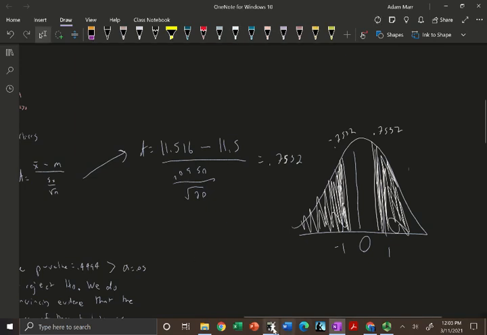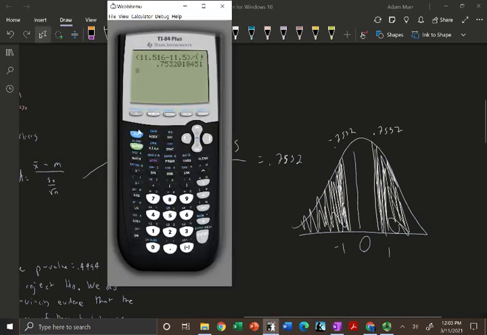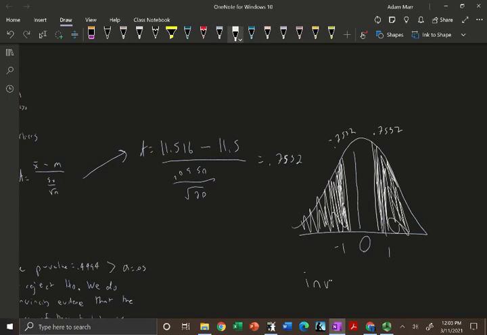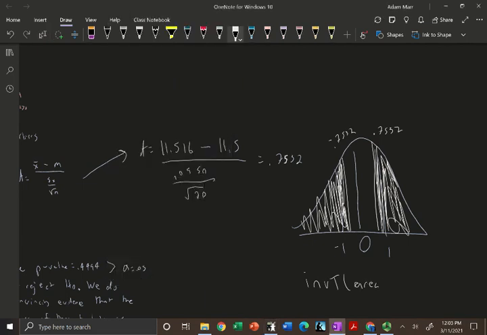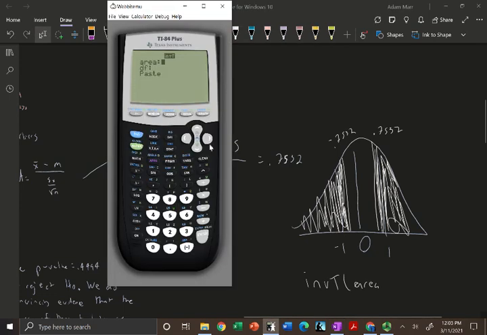If I'm figuring out the p-value, I go to second distribution, and I'm going to go to inverse t. Oh, I'm sorry, it's not inverse t. I'm sorry, guys, it is second distribution, TCDF.